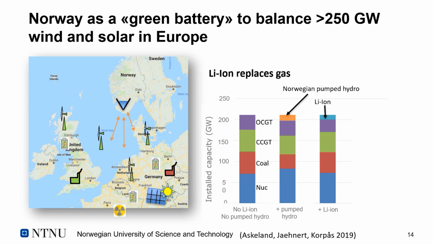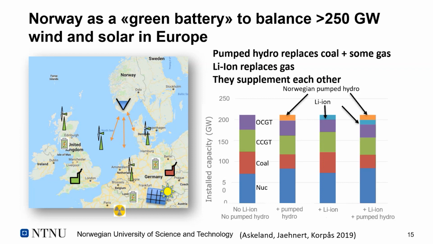And then we remove the possibility to install pumped hydro, and we install batteries instead. And we see that the batteries take some of the capacity of the open cycle gas turbines. So they are used for fast response. They take the short-term flexibility, while the pumped hydro, with much longer energy storage capability but a bit lower efficiency, takes the longer term balancing needs.